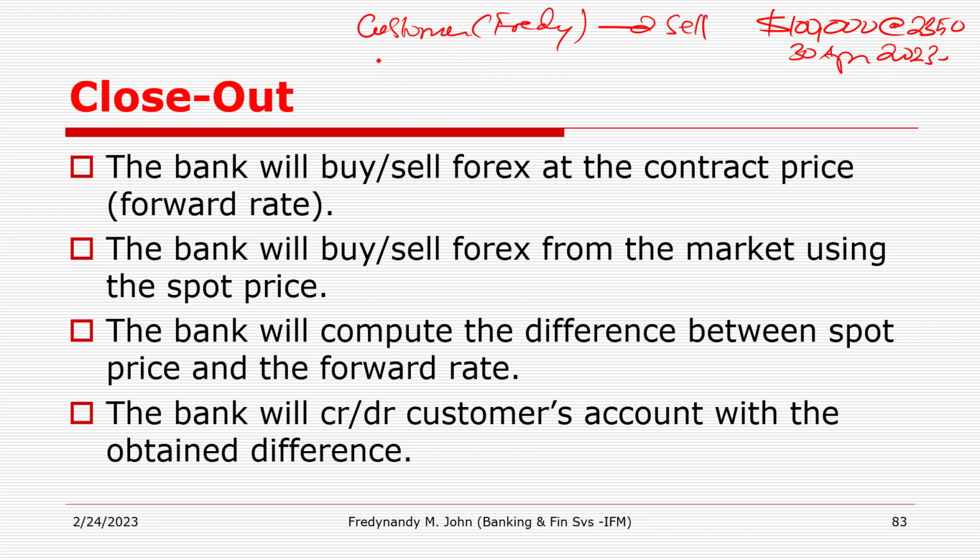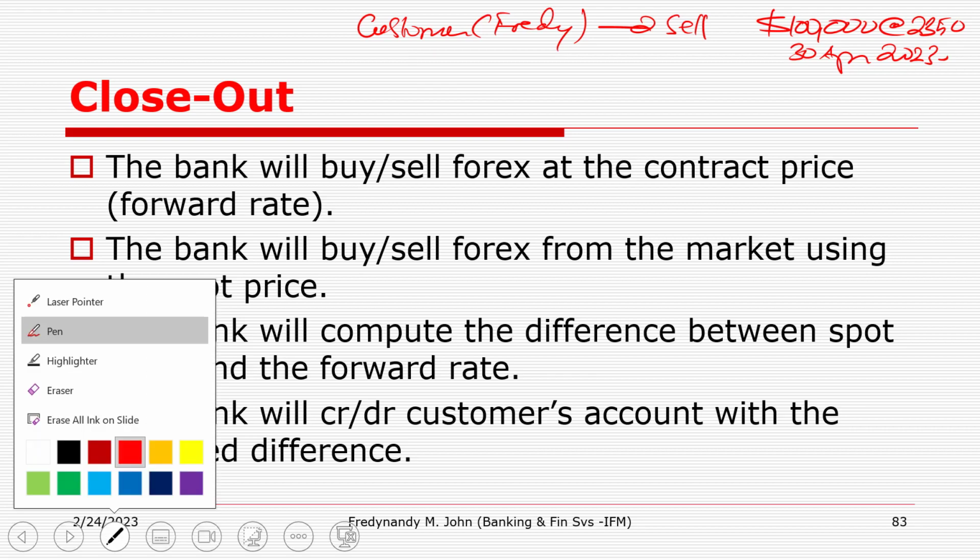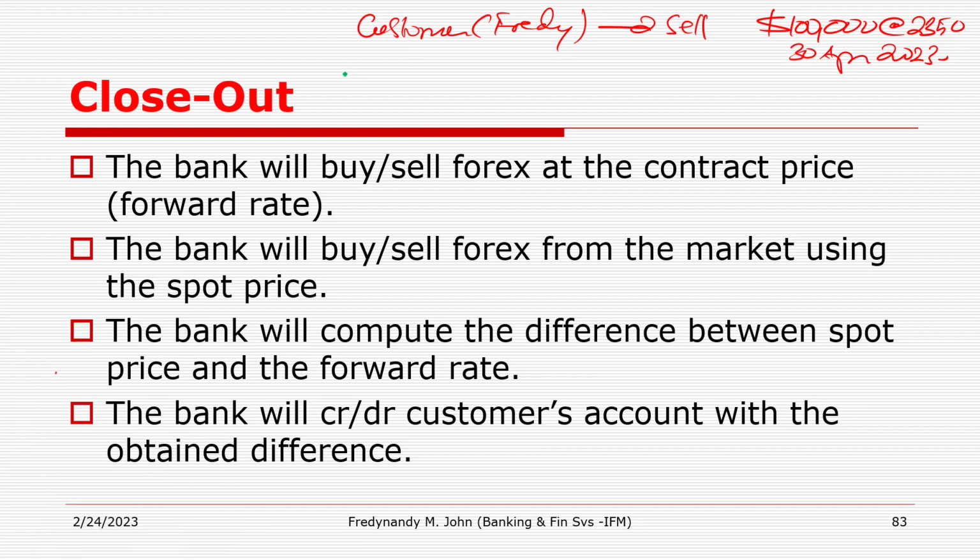In another way around, if Freddie, the bank customer, is selling, it means the bank, that is TCB, will buy. Okay, the bank will buy USD 100,000 on this date at an agreed forward rate, which is 2,350.